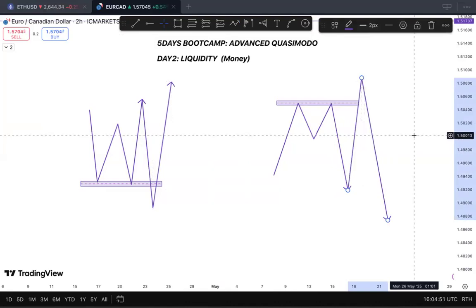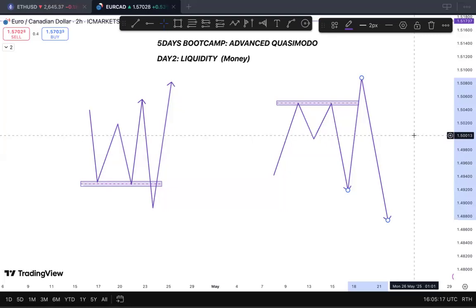Liquidity, as I said, is money. In terms of the structure that we trade in the Forex market, liquidity is fuel. A car needs fuel to move, and the same thing applies in Forex trading. The institutional traders need fuel to move.